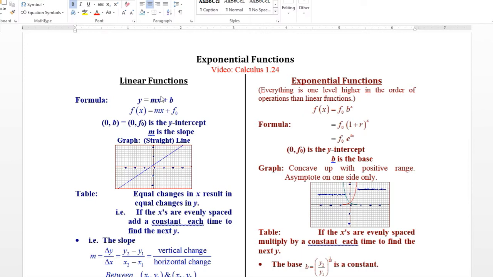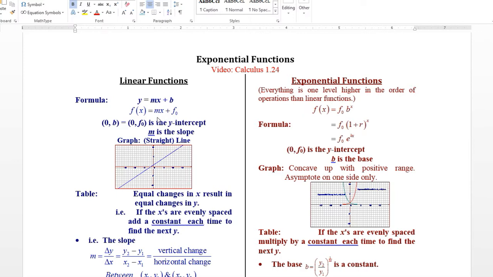So let's see if I can explain this or show this. The formula for a linear function is y equals mx plus b, or maybe f of x equals mx plus f sub 0. So f sub 0 is the y-coordinate of the y-intercept.